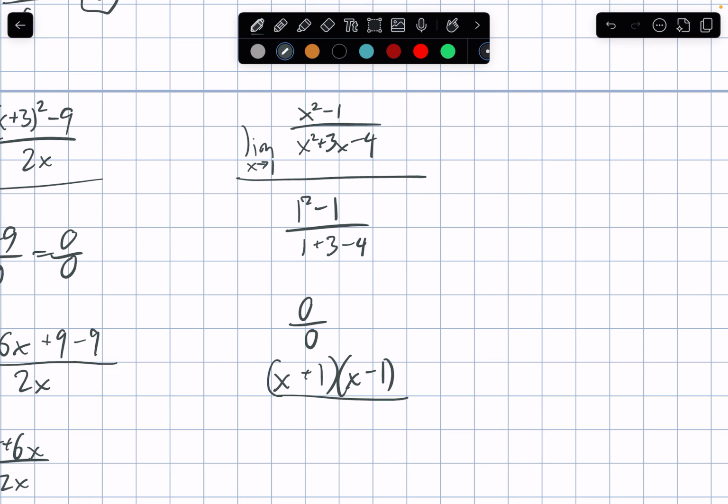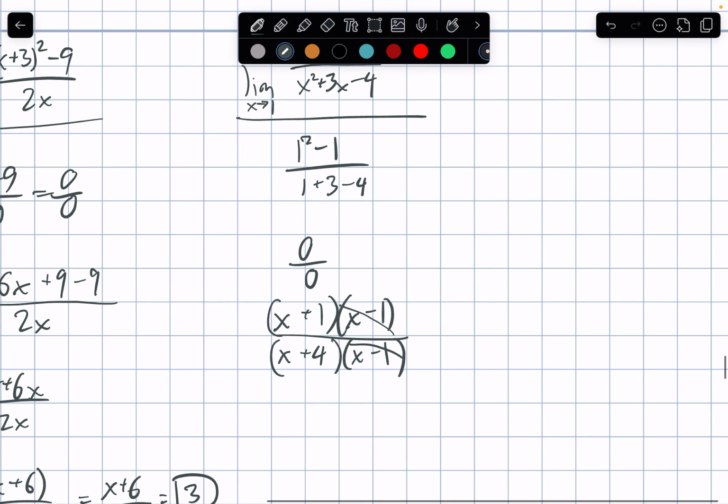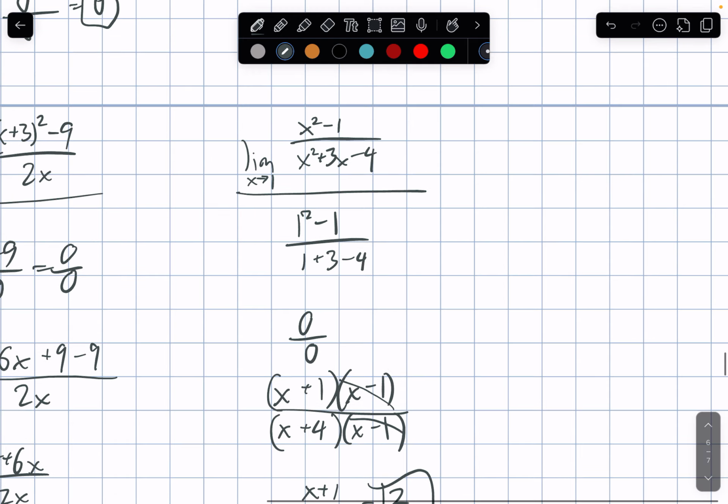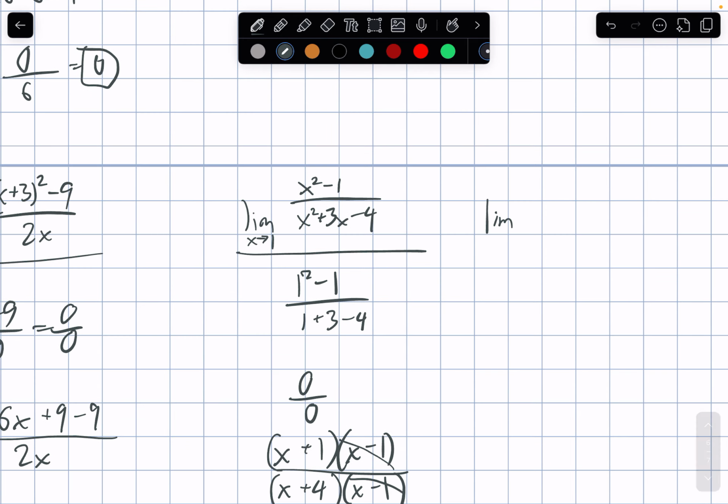Transform this into this. Below, let's see, factor, we'll have (x plus 4) and then (x minus 1). Cancel. It's going to be 1 plus 1, 2. 1 plus 4, that's 5. 2 over 5 is the answer. Next.